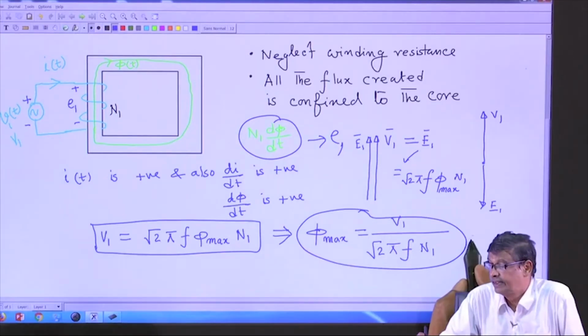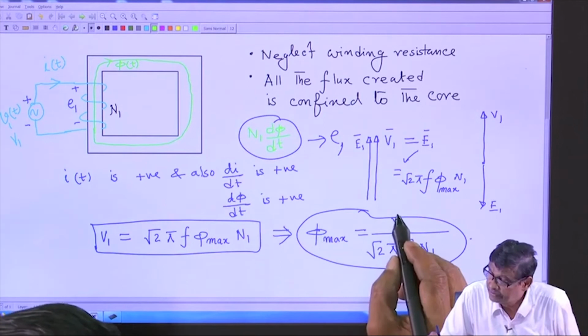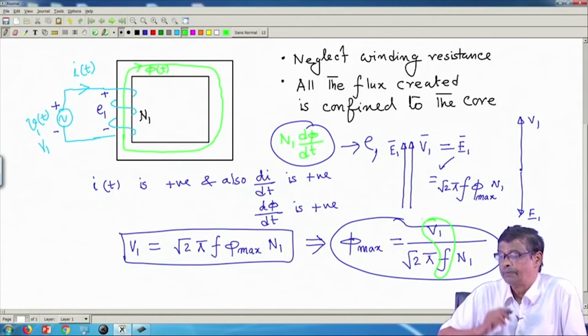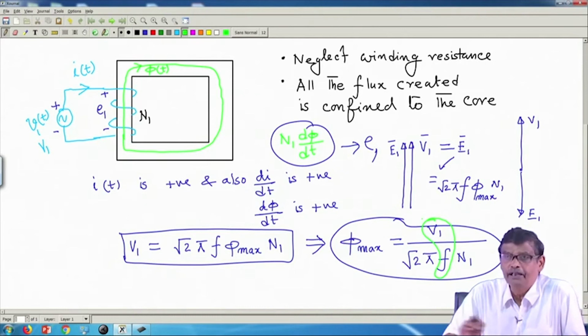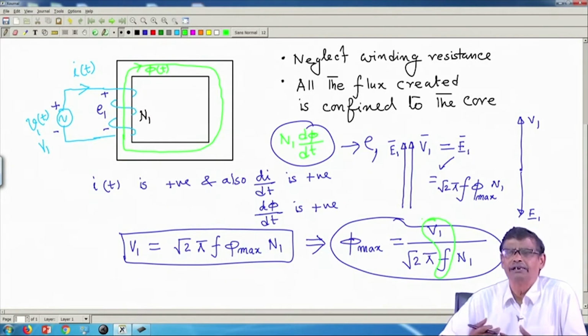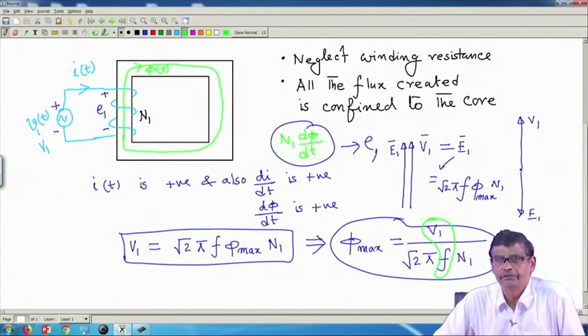Phi max gets decided. Decided by whom? Decided by these two numbers, the RMS value of the supply voltage and the applied frequency. Of course, this is the peak value of the flux. How is the flux changing? Sinusoidally. If you want to describe it, write phi max sine omega t or phi max cosine omega t, whichever is convenient. And this flux is also sinusoidally varying with the same supply frequency f.